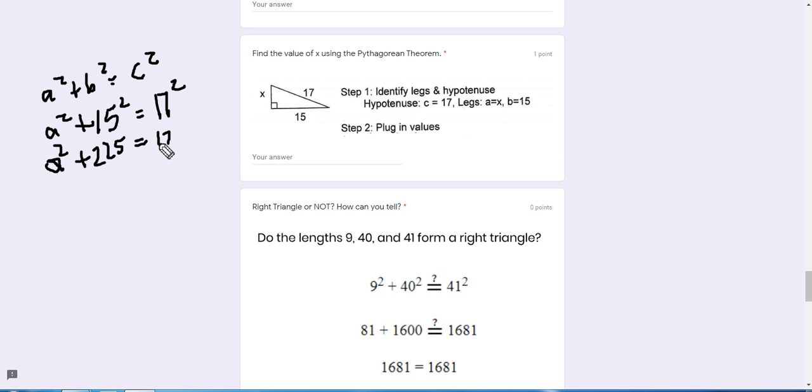17 squared is just 289. Go ahead and plug that into a nerd box. And we have 225. Oop, that's a plus sign. Wow. Love, my handwriting hasn't improved much, has it?